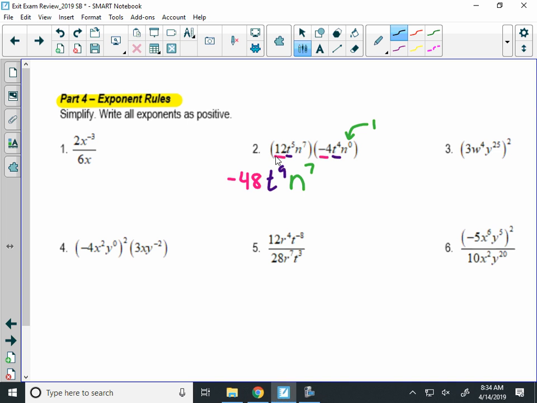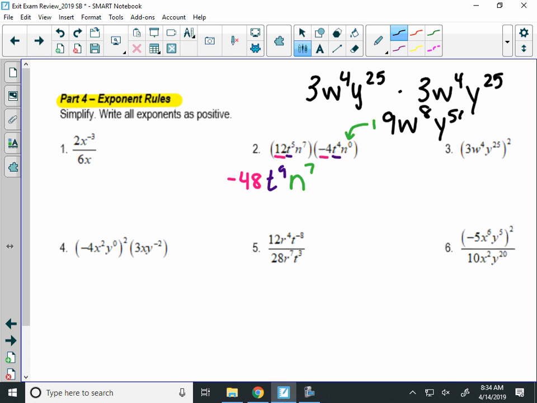We are taking 3w to the 4th y to the 25th, times 3w to the 4th y to the 25th. You can multiply those just like number 2. You would get 3 times 3 is 9, 4 plus 4 is w to the 8th, y to the 50th. That's a perfectly fine way to do that problem. That's the correct answer. That's one method.